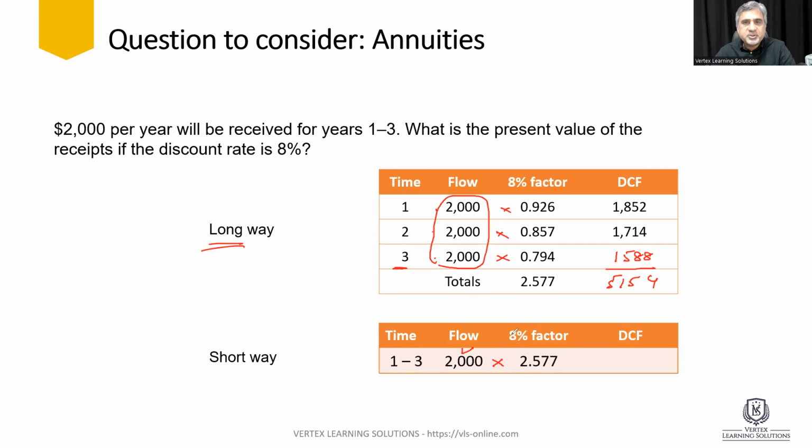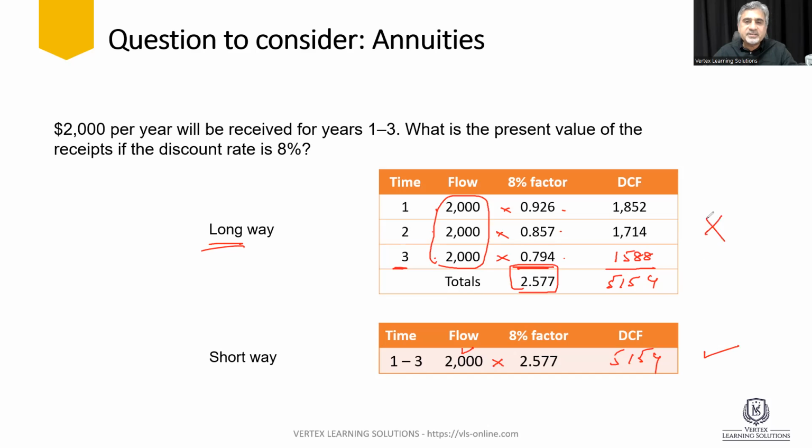In our previous lecture, when I was explaining the annuity factor, I explained that the annuity factor is just the sum total. If you see that there are 3 discount factors, you add them up, it becomes 2.577, and you multiply 2.577 with $2,000. So 2,000 into 2.577 gives you again the same answer, 5154. So life becomes easy here.